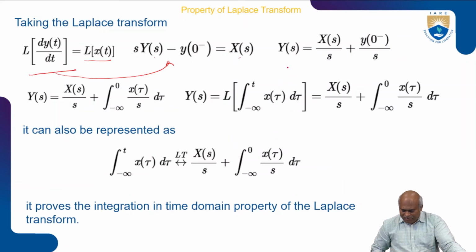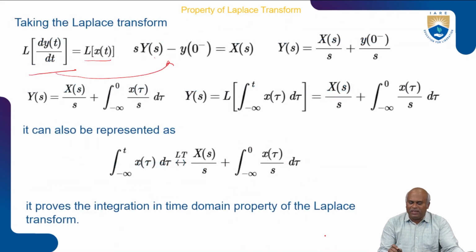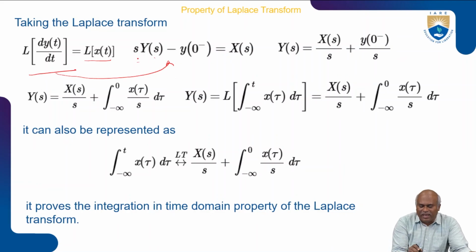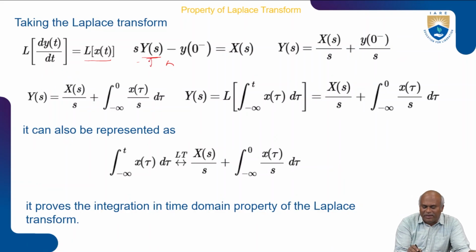Now at the same time, I should take the Laplace transform of this term. So y of s is equal to x of s divided by s plus y of 0 minus divided by s. That is what I wrote here. So I represent this for y of s only. Based on the equation I need y of s. This y of 0 goes to the right side with a plus, and this s goes to the denominator.